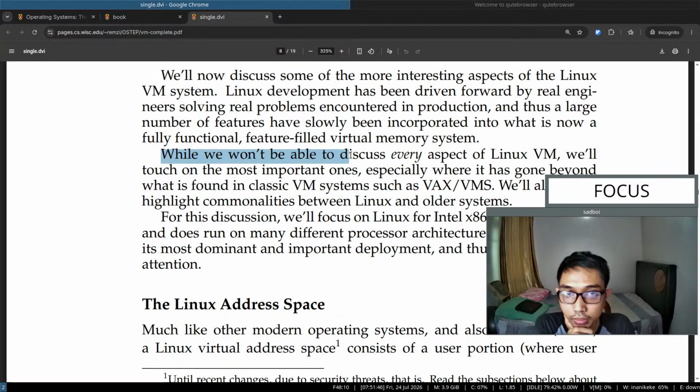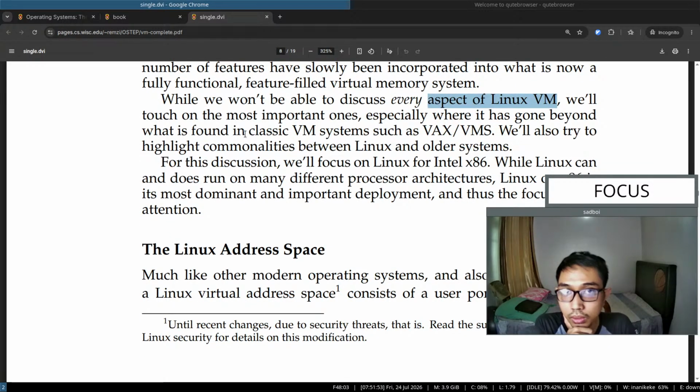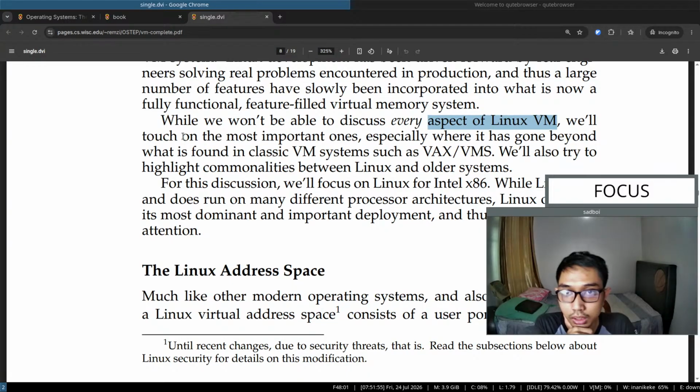While we won't be able to discuss every aspect of Linux virtual memory, we will touch on the most important ones, especially where it has gone beyond what is found in classic virtual memory systems such as VAX/VMS.